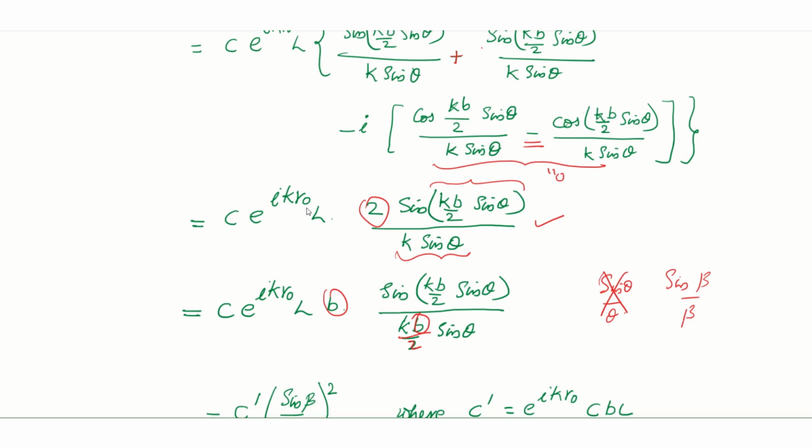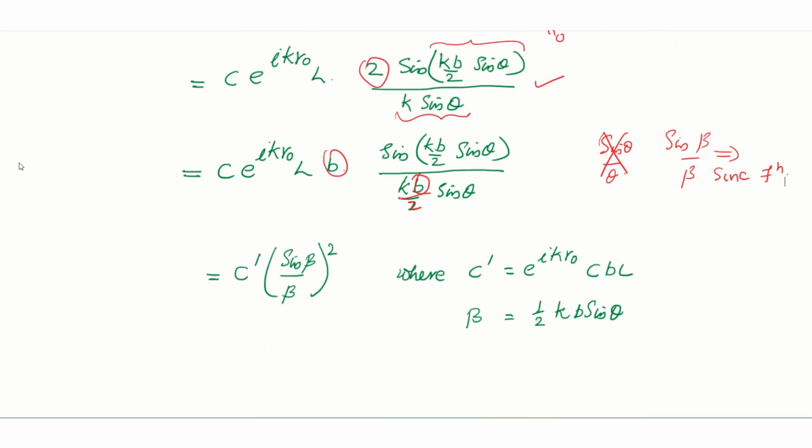It's a well-known function which is called a sinc function, and this is what you get. This becomes some C e to the power i k R0 L b times sin beta over beta, where beta is half k b sin theta.